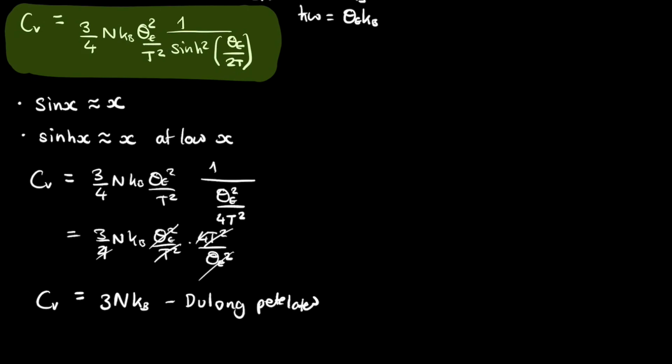Brilliant. That's really cool. So the Einstein model brilliantly predicts that at high temperatures, remember, this approximation was only valid for high temperatures because this is what allowed this term to get so low, which enabled us to use the approximation. At high temperatures, the heat capacity approaches this right here, 3 n k_B, which is exactly what the graph said.